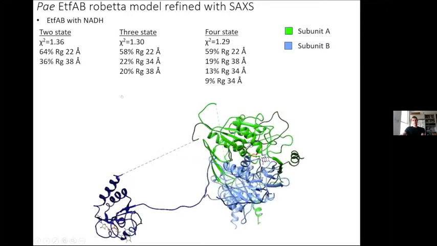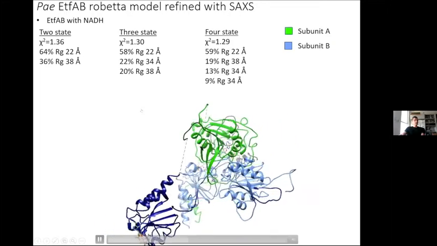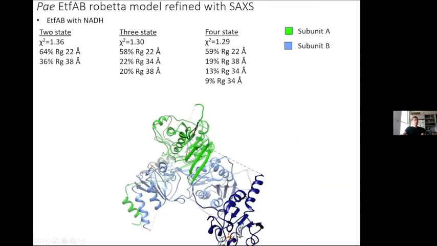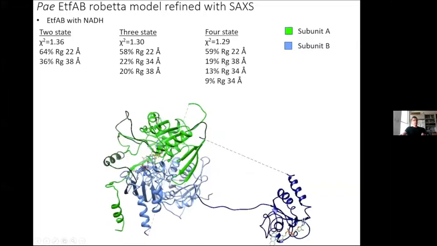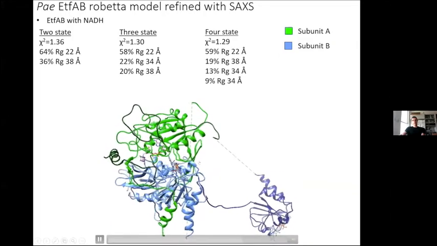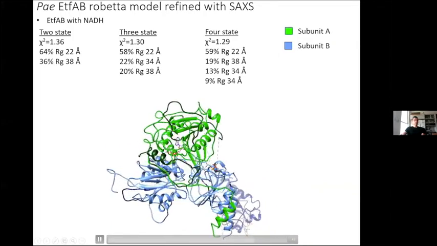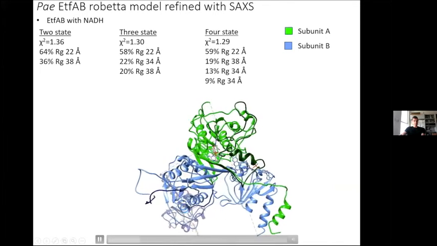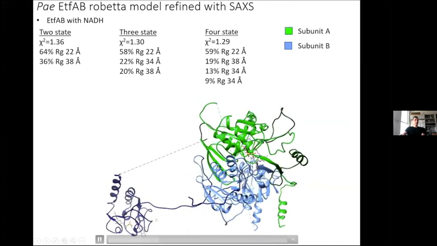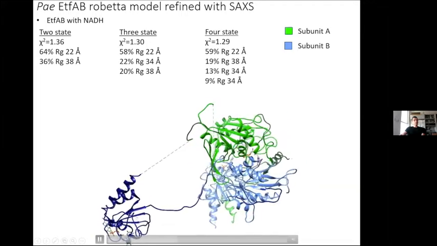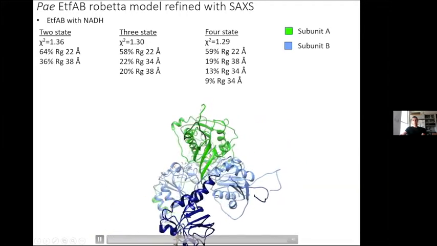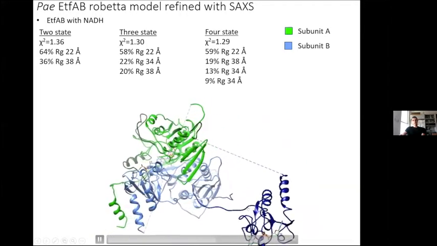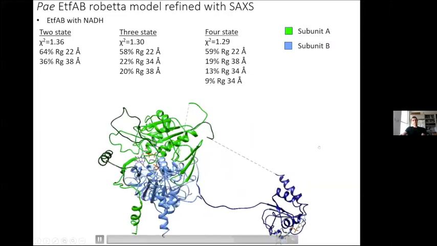So I did some modeling with this. Basically I've modeled some different states. Right here, I'm just showing the 2-state for simplicity. They're overlaid, one a slightly lighter version, the other a darker version. What I got is that in the presence of NADH, in some proportion of the enzyme this domain pops off and extends out from the rest.